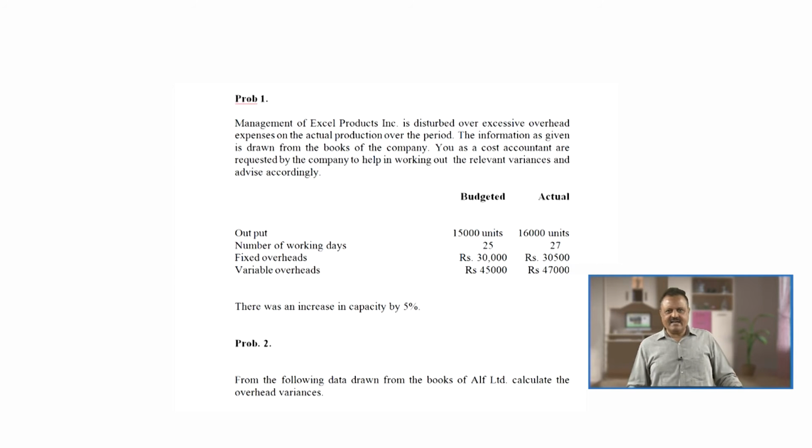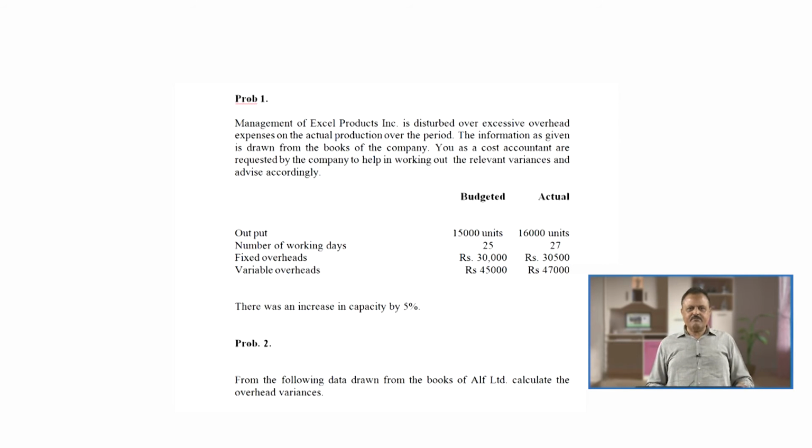So, for applying the check while doing this in the examination, if your total overhead cost variance is equal to the variable overhead variance plus the fixed overhead variance, then you can say that your problem is correct, because the sum of the variable overhead variance and the fixed overhead variance should be equal to the total overhead cost variance.